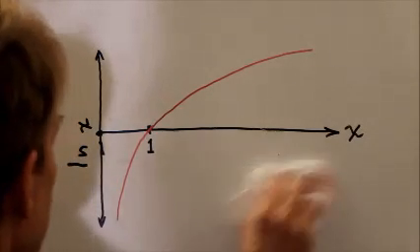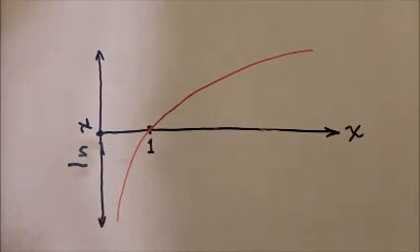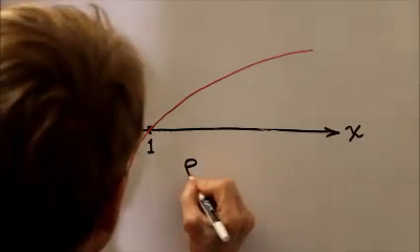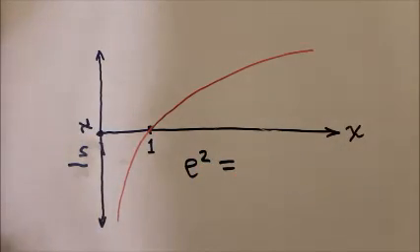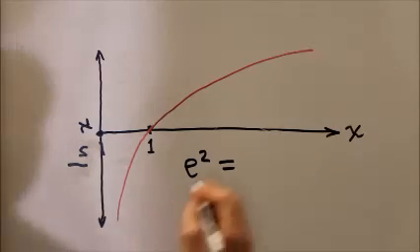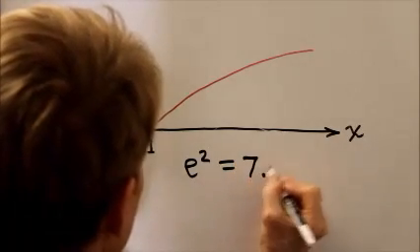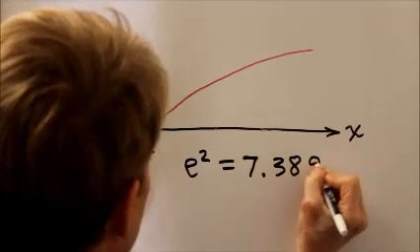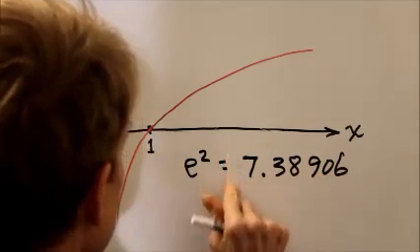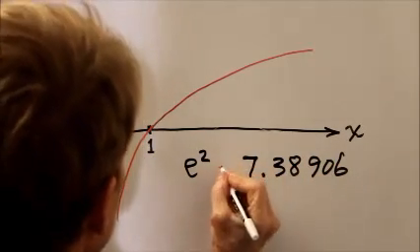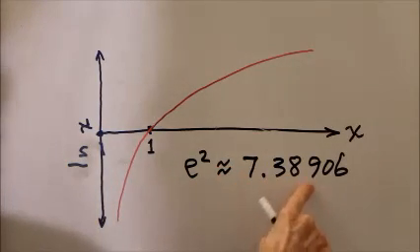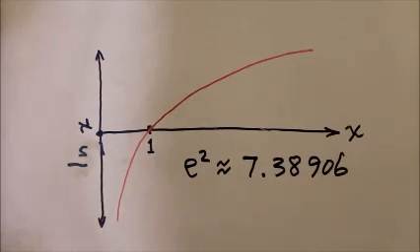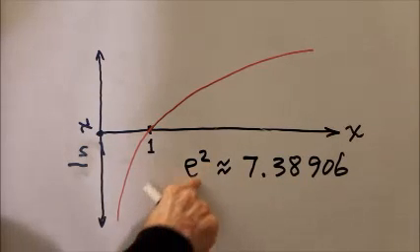Now, let's take an example that I worked out on my calculator. I discovered that e squared is approximately equal to 7.38906. Technically, we should use a wavy equal sign because this is an irrational number.